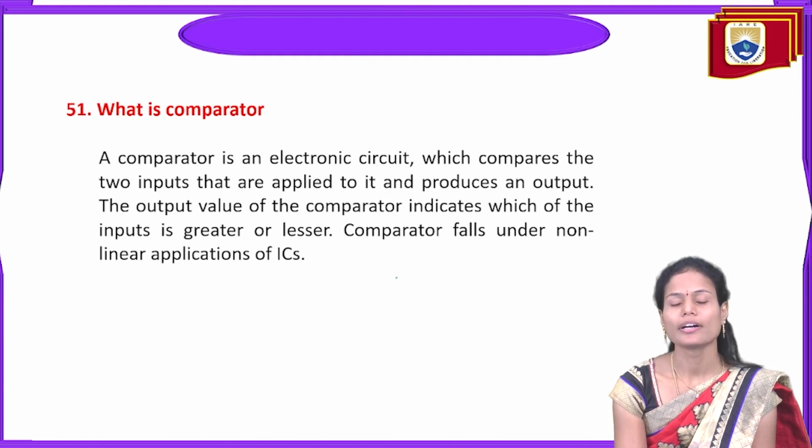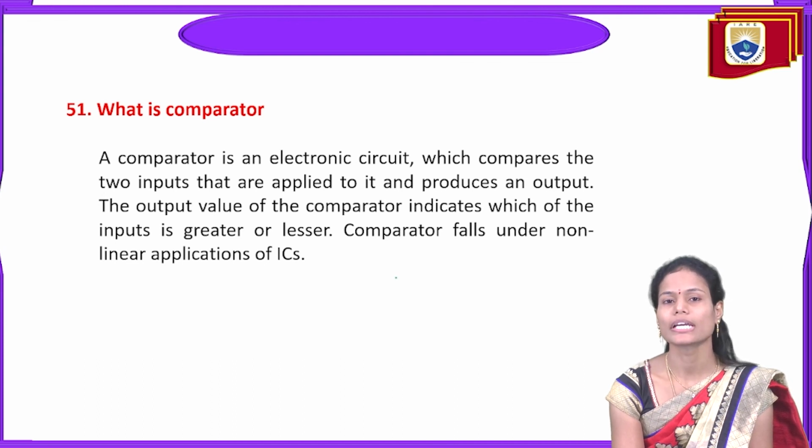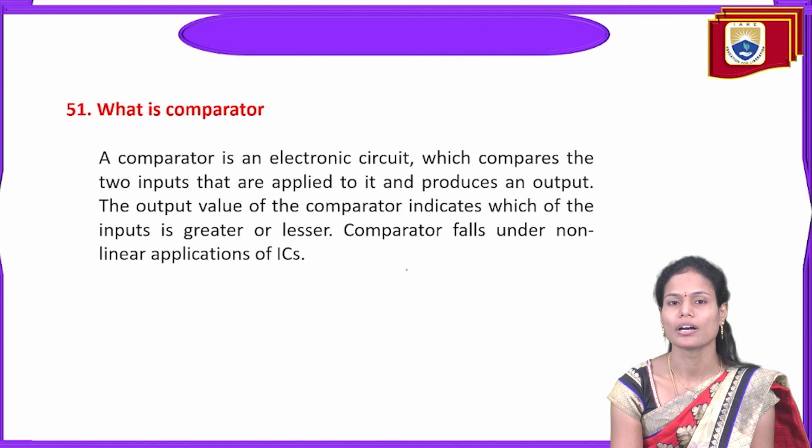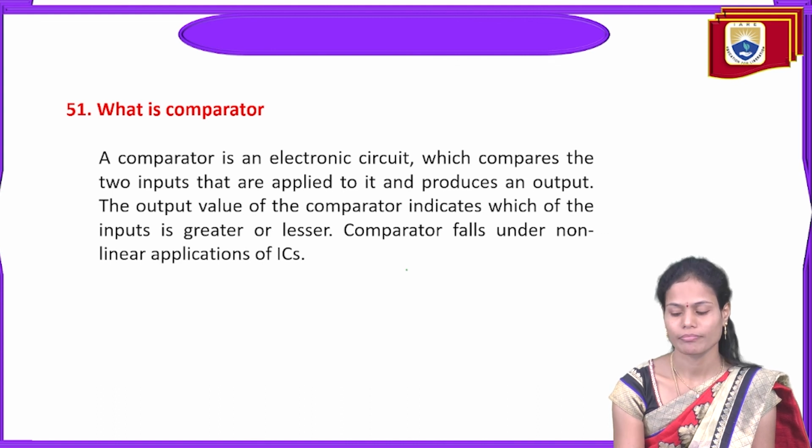And here depending upon the inverting and non-inverting mode, we will get the output as either positive saturation or negative saturation, depending upon which inputs we are providing across the two input terminals of the comparator circuit.